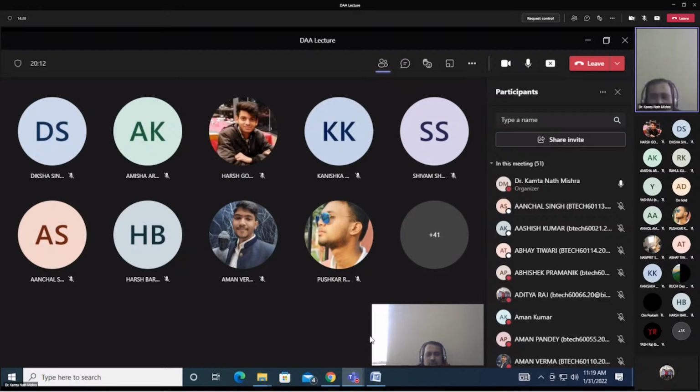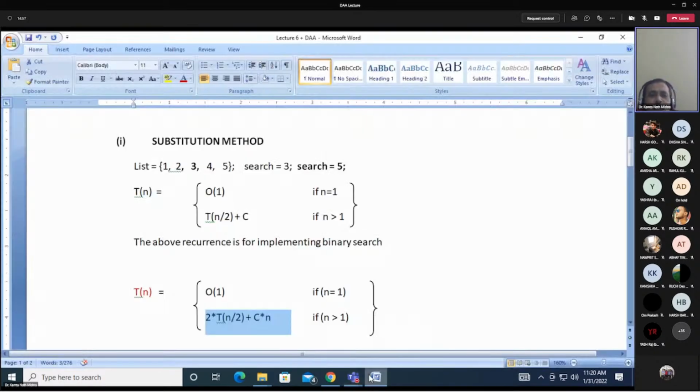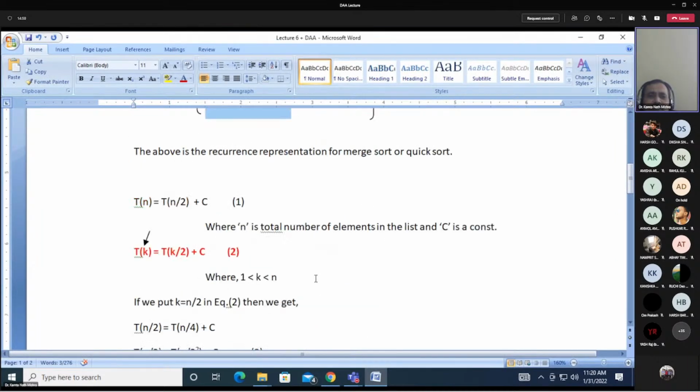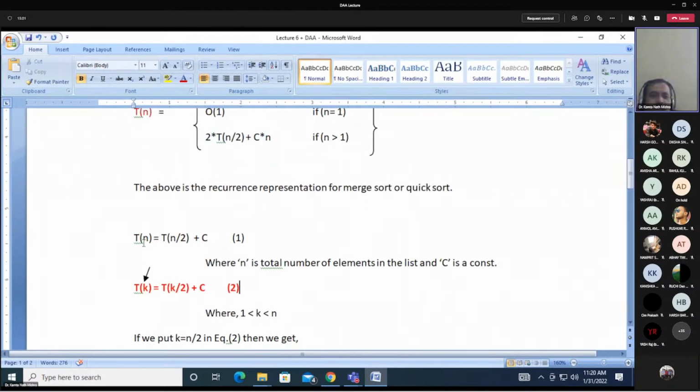So for solving recurrences, you can use either the substitution method, or Master's theorem, or you can construct the tree and, by constructing the tree at different levels, solve them. Today we will see just two cases. T(n) = T(n/2) + C. How can we solve it? We have taken the first case.